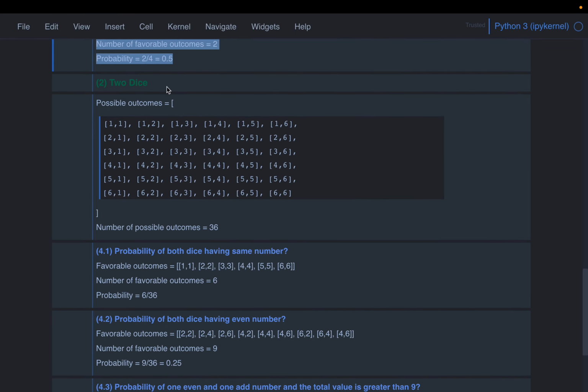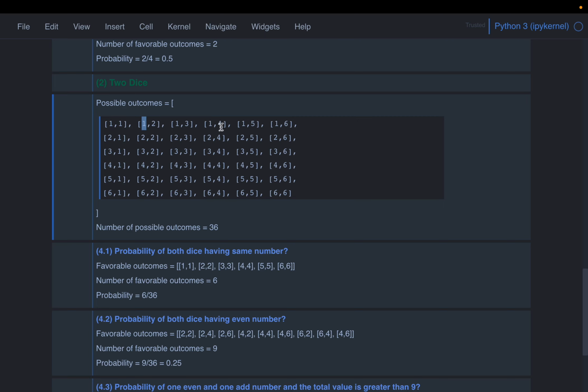Now let's look at our final experiment, which is 2 dice, right? So this time we are rolling 2 dice. Now, as we know, each die has 6 faces, and each face has a number between 1 to 6, including 1 and 6, right? So the first die can have 1, and the second die can also have 1, right? Let's say the first die has 1. Now for the second die, we have 6 possible outcomes, right?